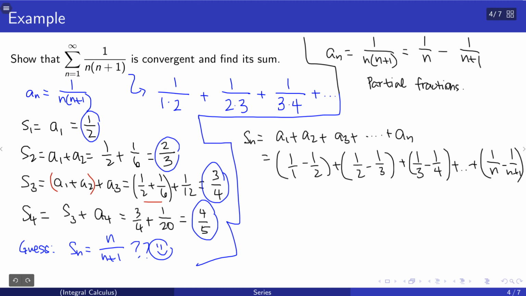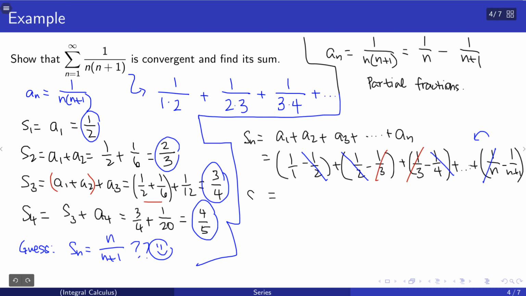Okay, and so what happens next? Well, minus 1/2 will cancel with this plus 1/2. Minus 1/3 will cancel with this plus 1/3. So will this 1/4 with the next term, and so on. The pattern just repeats until this 1/n cancels with minus 1/n in the previous term.